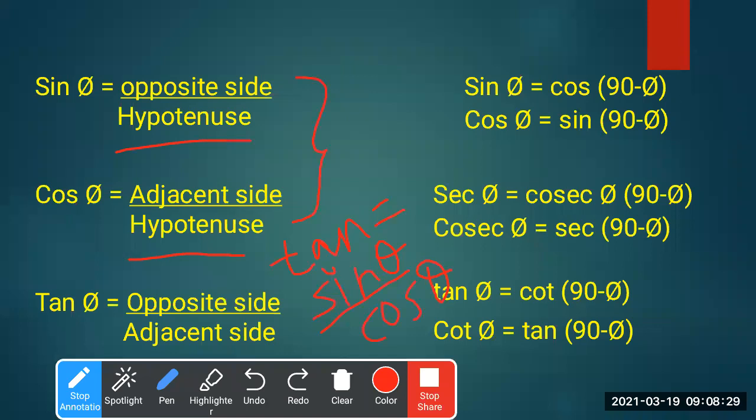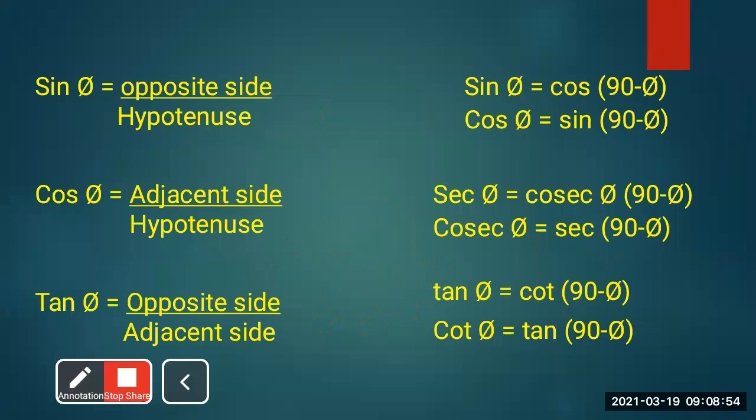So if you take the ratio sine upon cos, the hypotenuse will get cancelled, and what remains is opposite side upon adjacent side. So the definition will be tan theta equals sin theta upon cos theta. So these are some trigonometric ratios and the relationships among them.